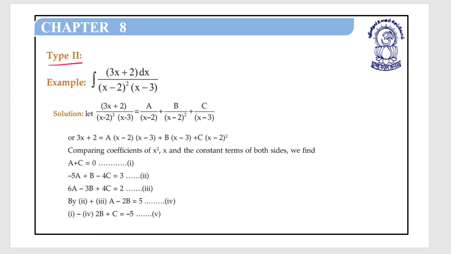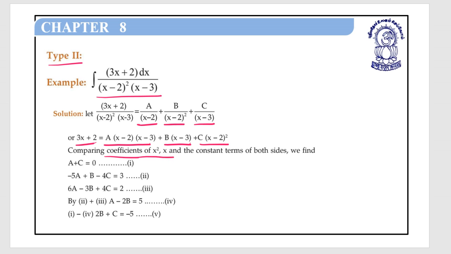Type 2. Integral of (3x plus 2) upon (x minus 2) square into (x minus 3) dx. You have to take A upon x minus 2 plus B upon (x minus 2) square plus C upon x minus 3. So 3x plus 2 is equal to A into (x minus 2)(x minus 3) plus B into (x minus 3) plus C into (x minus 2) square.